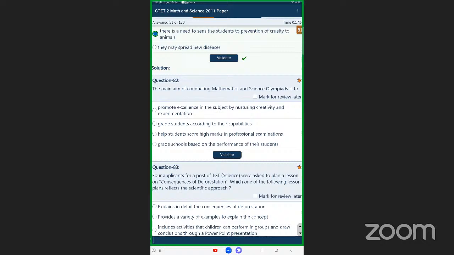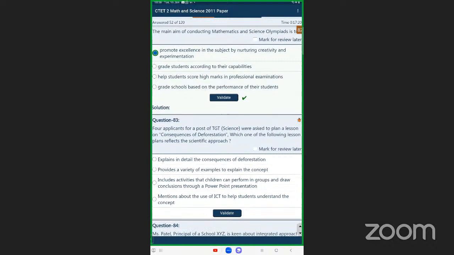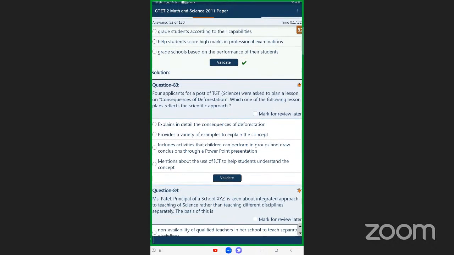The main aim of conducting a mathematics and science olympiad in a school. What can be the main aim, dear student, if you check out? So it can be to promote excellence in the subject by nurturing creativity and experimentation. Four applicants for a post of TGT Science were asked to plan a lesson on the consequences of deforestation. Which one of the following lesson plans reflects the scientific approach, student?